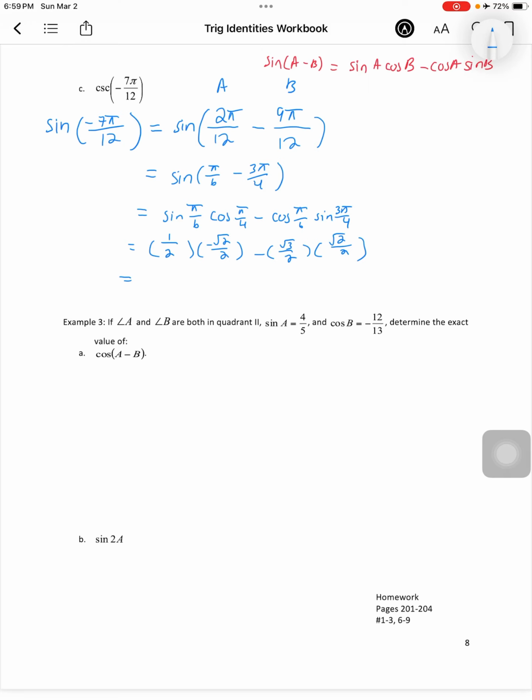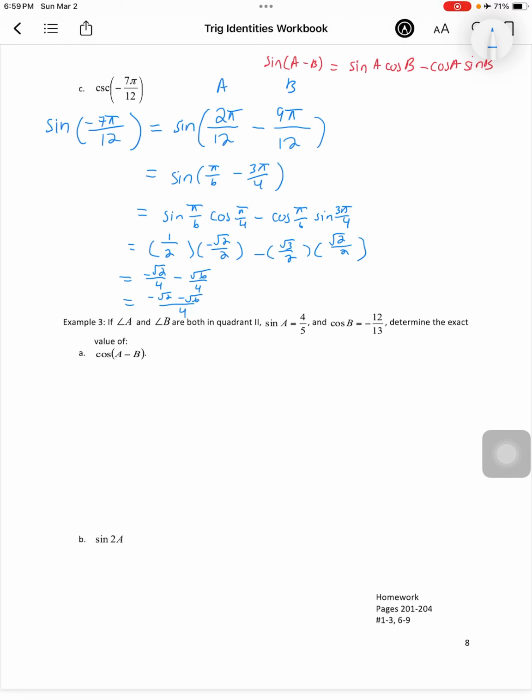And then when we put everything together, you're going to have negative square root 2 over 4 minus square root 6 over 4. And then it's going to be negative square root 2 minus square root 6 over 4.